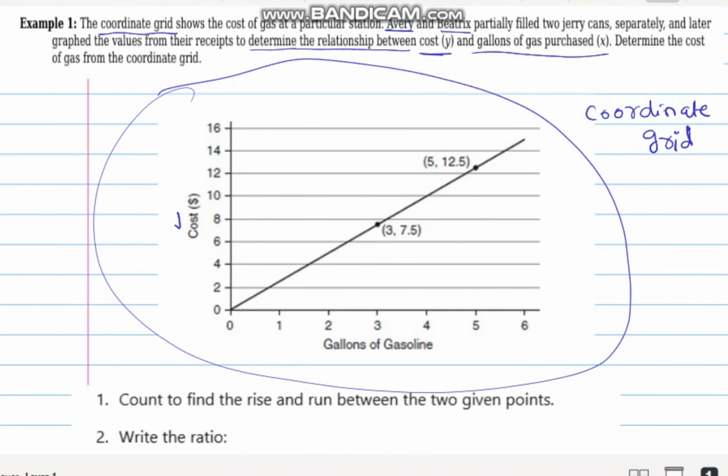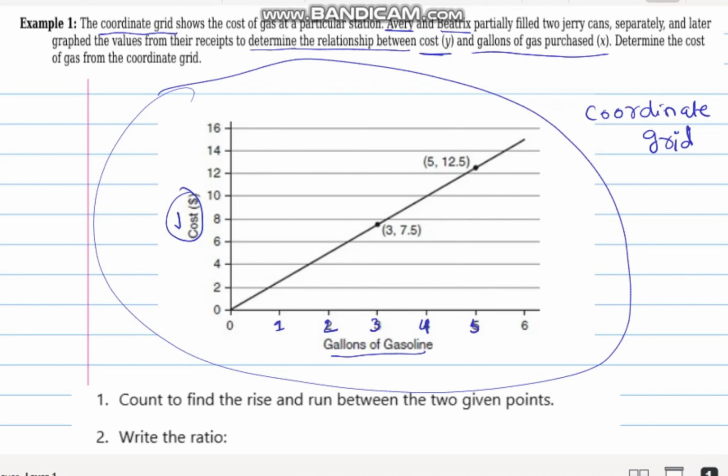So where is the cost? The cost is written here, and these are the gallons: 1 gallon, 2 gallons, 3, 4, 5, and 6 gallons.